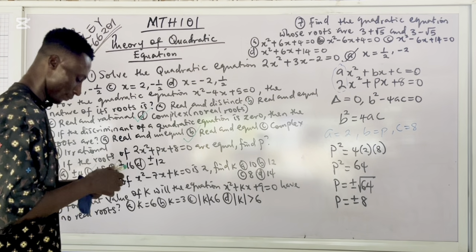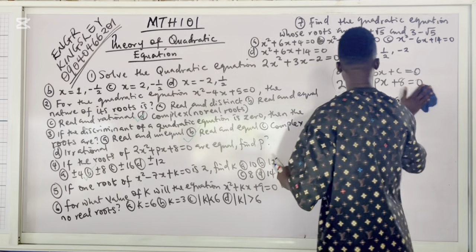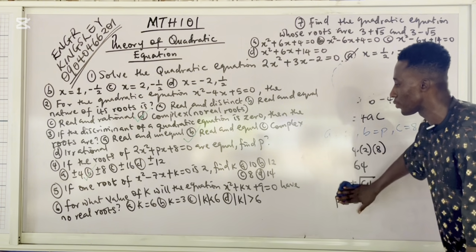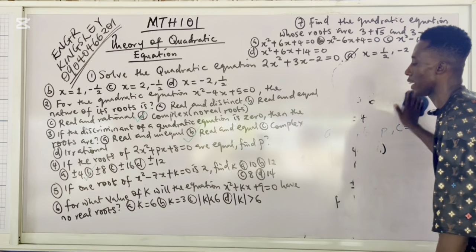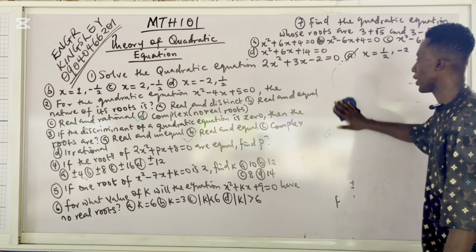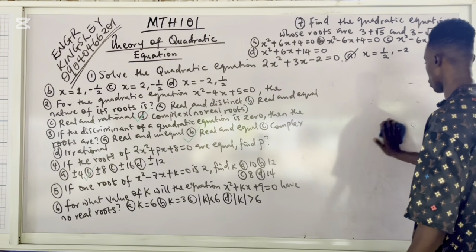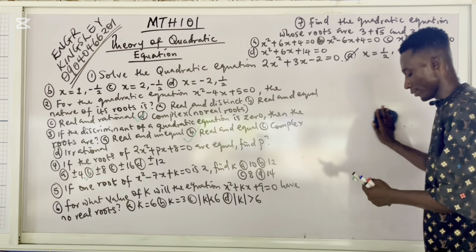Number 5, they said if one root of x squared minus 7x plus k equal to 0 is 2, find k.